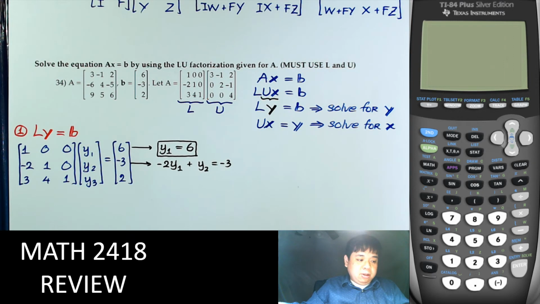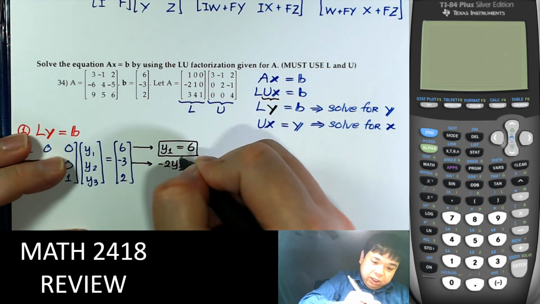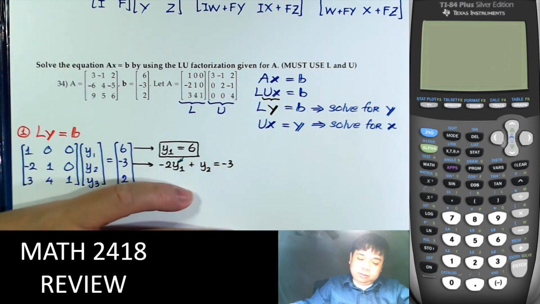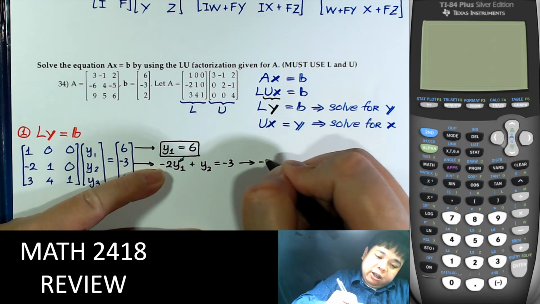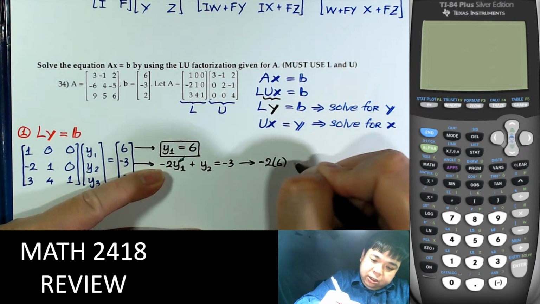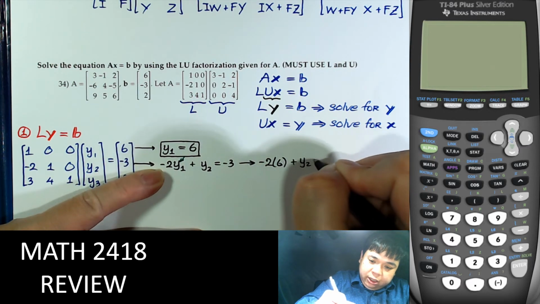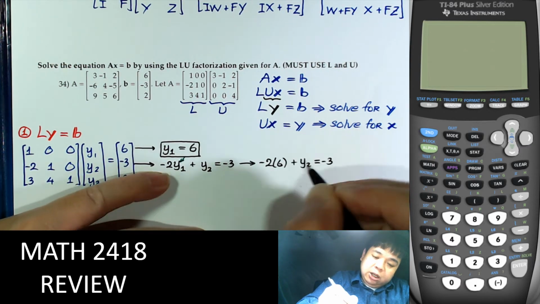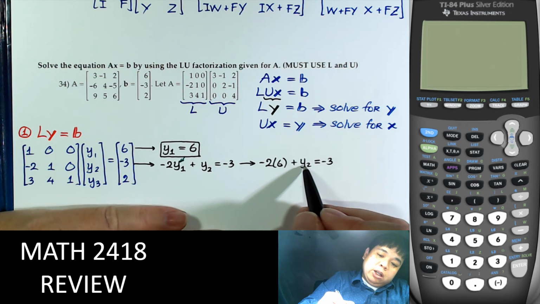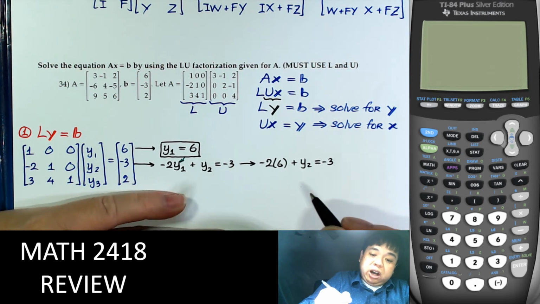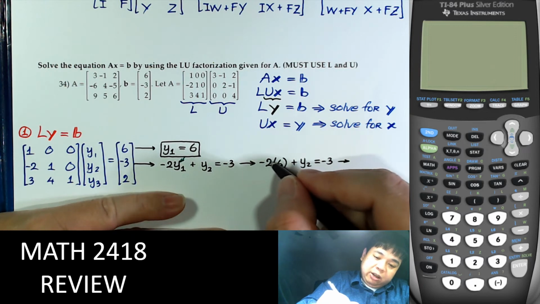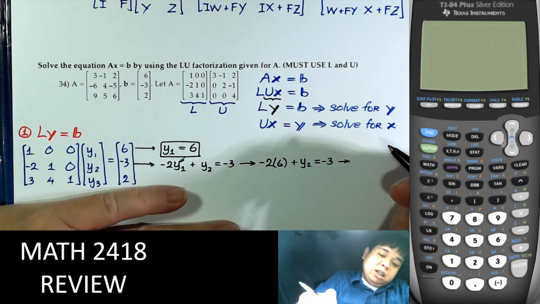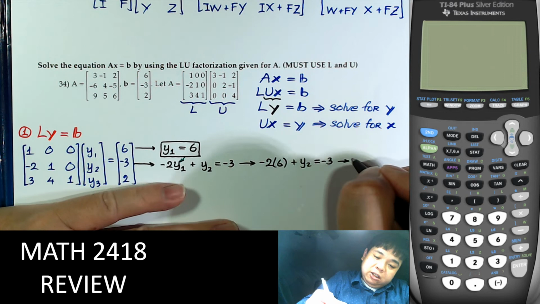And then we can substitute Y1 equal to 6 in here. So that gives us negative 2 times 6 plus Y2 equal to negative 3. So that is negative 12. So Y2 has to be equal to 9. Negative 12 moved to the other side is 12 minus 3 is 9.